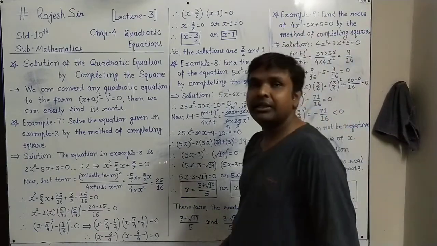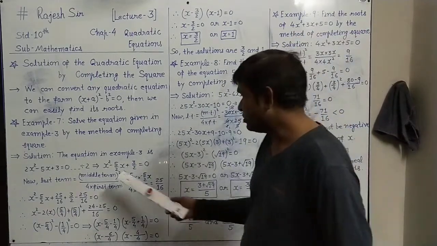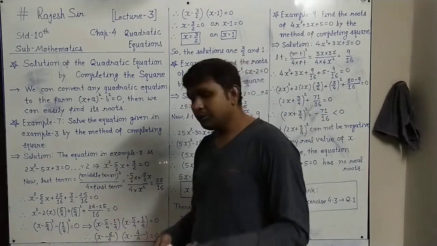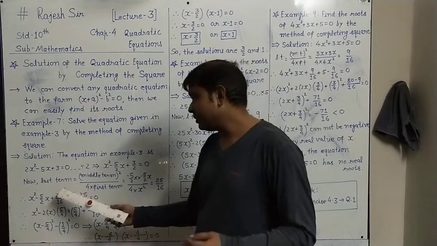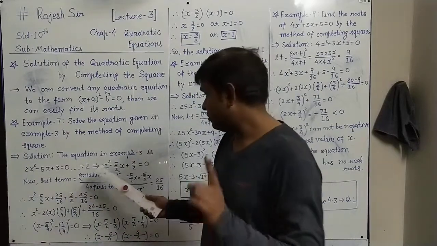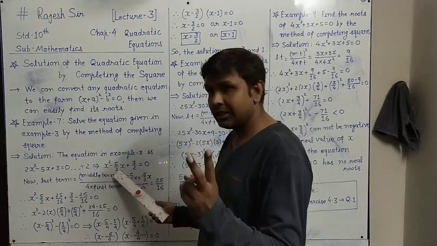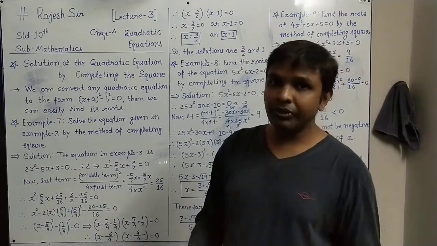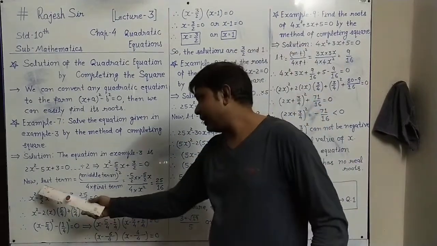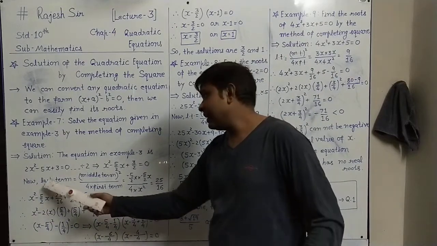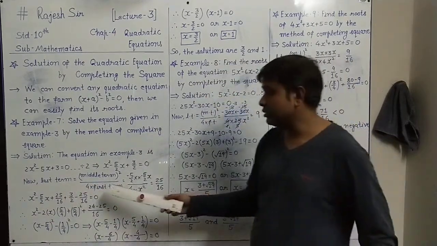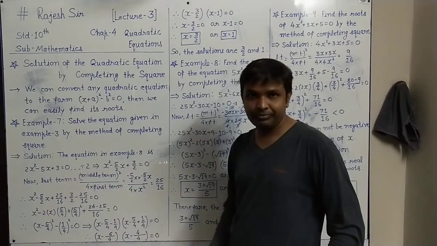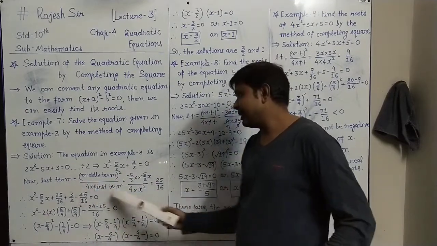Trinomials have three terms; to make them perfect, the first term is called the first term, the second term is called the middle term, and the third term is called the last term. To make it a perfect square, we always have to find the last term. And the last term equals, as you have seen in earlier classes, the middle term square upon 4 into the first term. That way we will find the last term here.